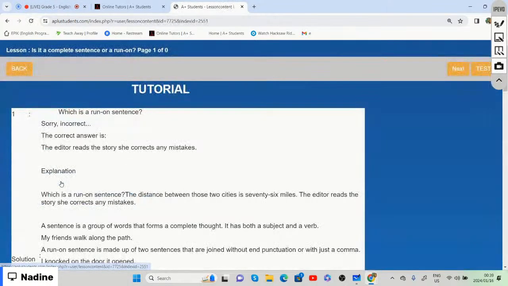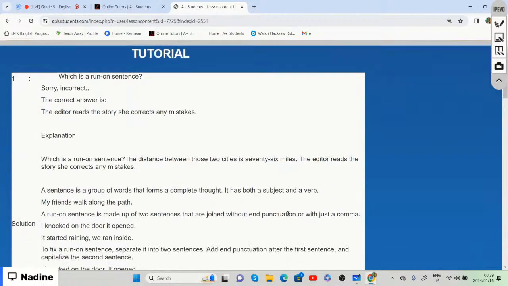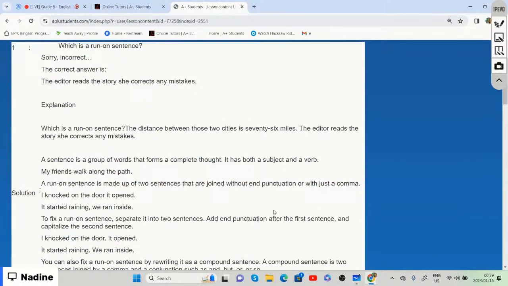So now we need to say, is it a complete sentence or is it a run-on? Remember, we said a sentence is a group of words that forms a complete thought, and a sentence has both a subject as well as a verb.